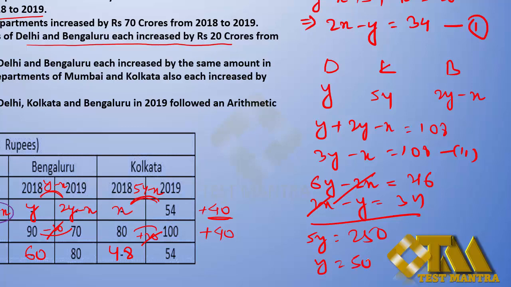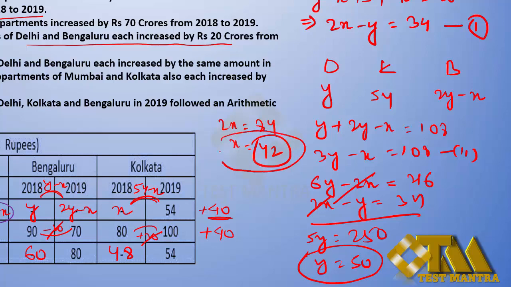Now y value is 50. I can find out the value of x, insert the value there. I'll insert y value here, so 2x will be nothing but 84, x value is nothing but 42. So I have y value as 50, x figure as 42.